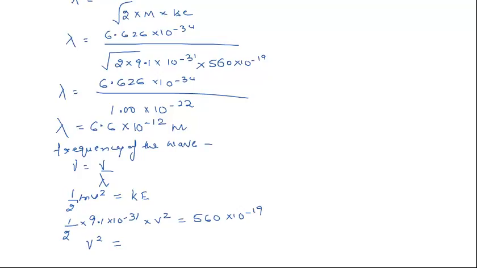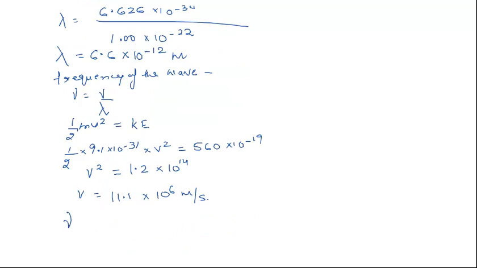If you divide the whole thing and solve the equation, you'll get 1.2 into 10 to the power 14. Then your velocity will be equal to the root of this, and that is 11.1 into 10 to the power 6 meter per second.